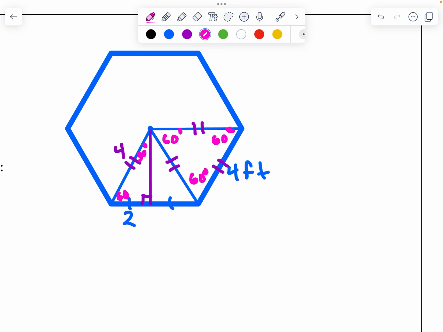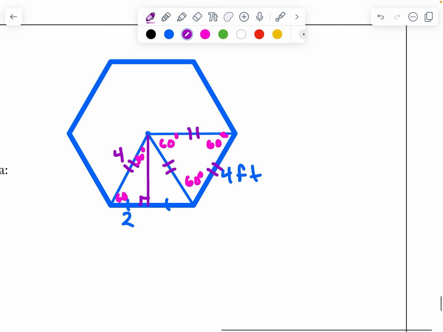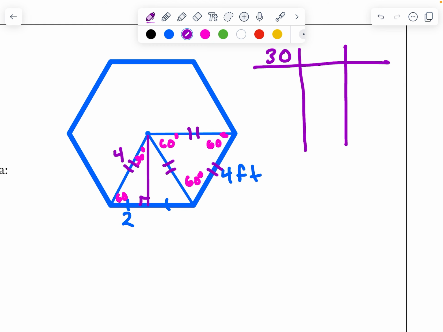And now, some of you already see the pattern. This is a 30, 60, 90 triangle. We know A and we know 2A already. We need to find A root 3. A is 2, and I already have 2A is 4. I didn't have to do any math, but we could have just multiplied 2 by 2.